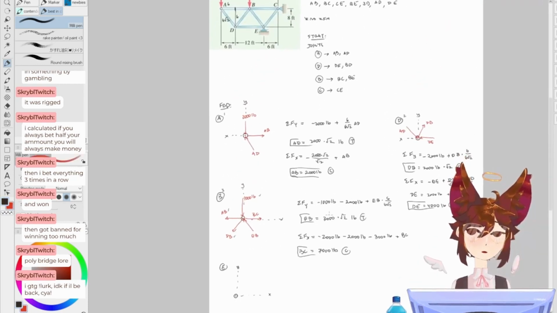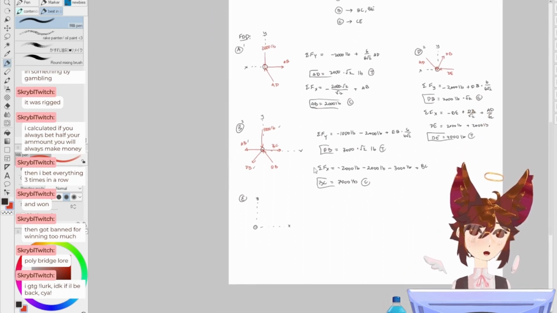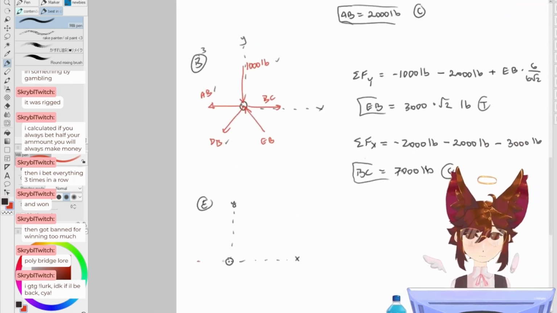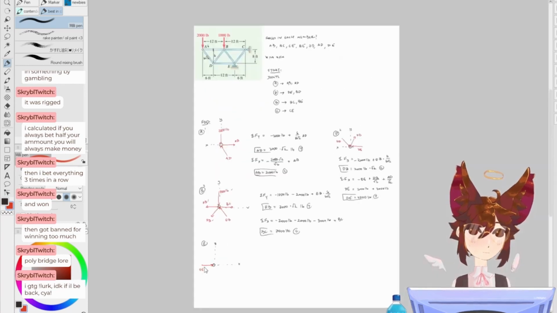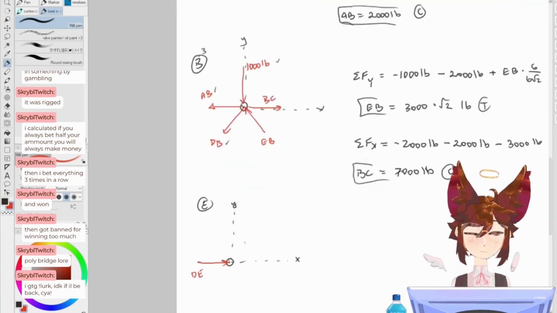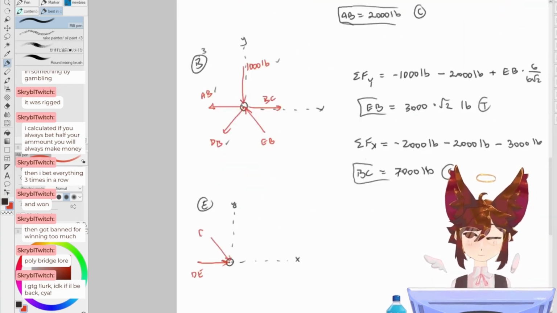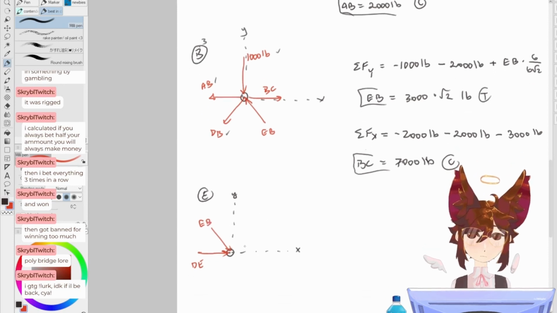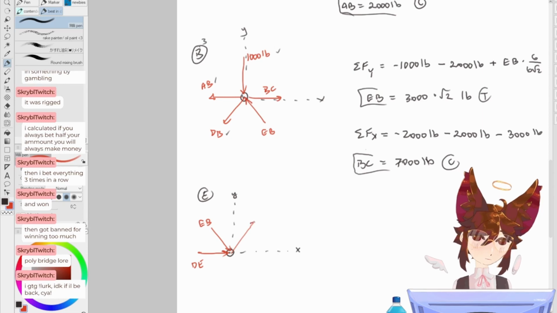Okay, so we've got DE, which is pushing. We've got EC, which is some direction. EB, which is also pushing. Okay, yeah, this seems more promising. And then we've got this one here, so we need to have it be upward.